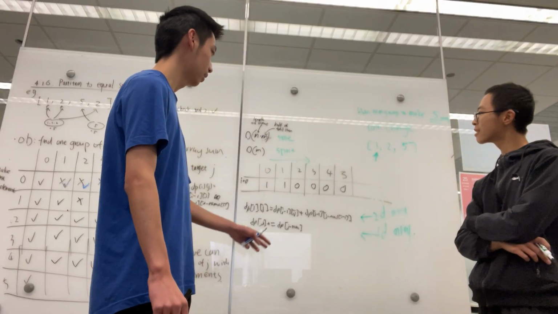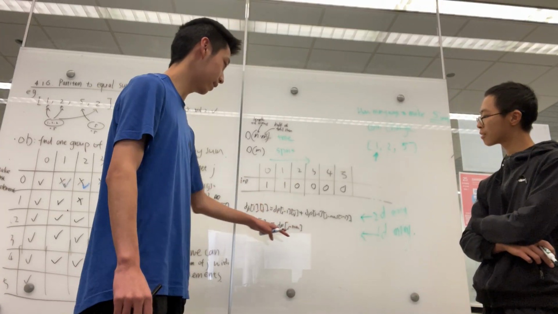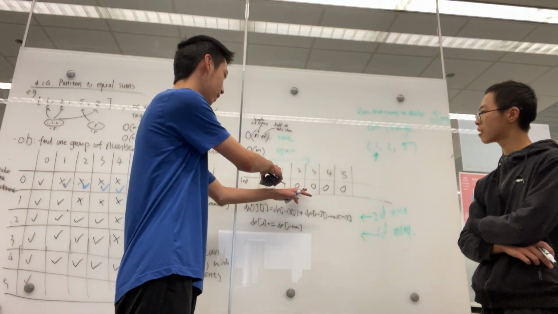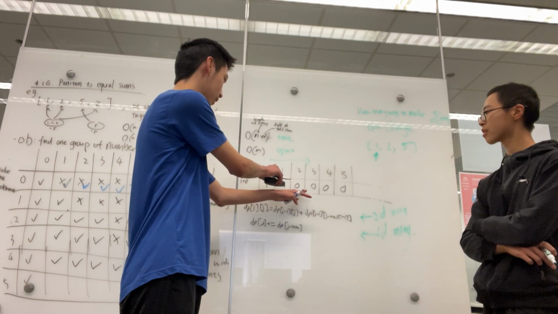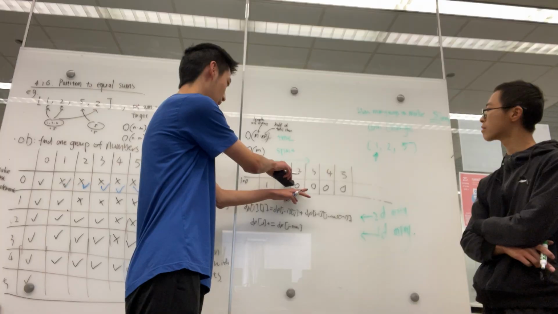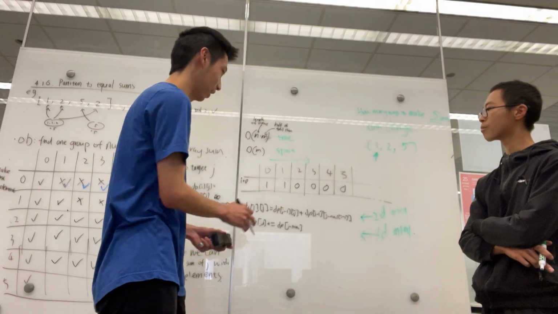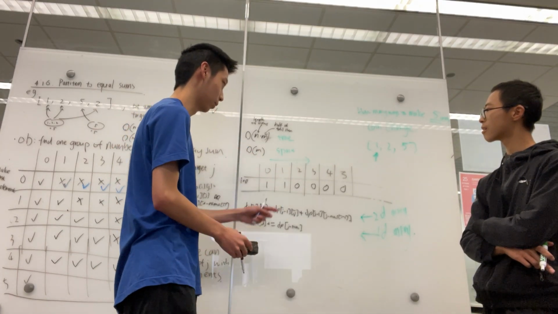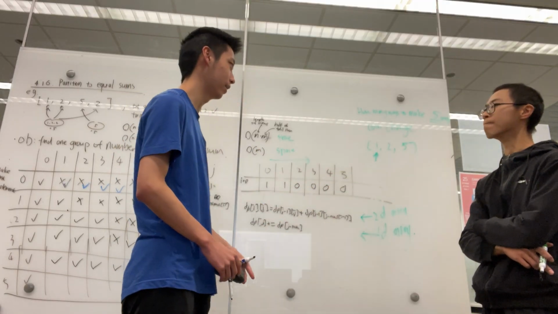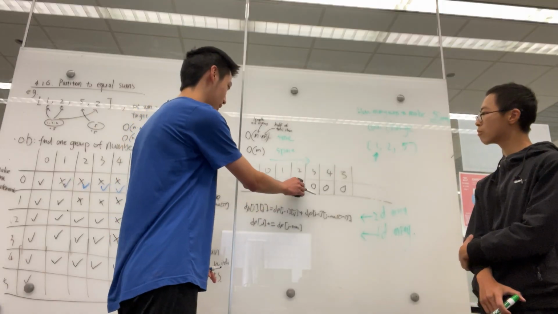Using this formula, we're basically going to increment this 0 by this 1 right here. We're looking 1 back because we're currently at num equals 1.